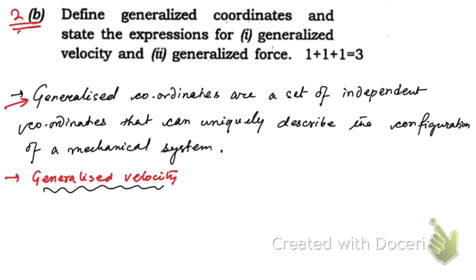Here you see the position vector of a particle, the ith particle, suppose Ri, which is a function of generalized coordinates q1, q2, dot dot dot, q3n, and t, right?